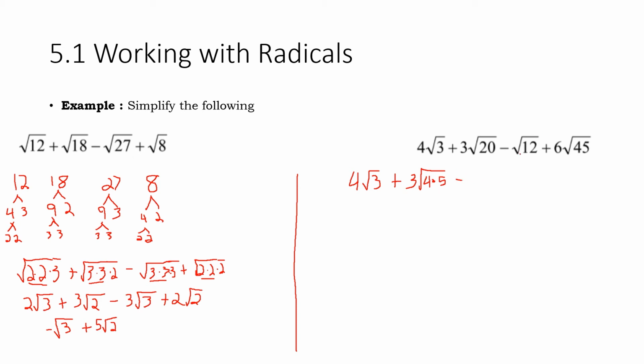Let's keep going. A perfect square factor of 12 is again 4, so 4 times 3 would give us 12. And a perfect square factor of 45 would be 9, 9 times 5.